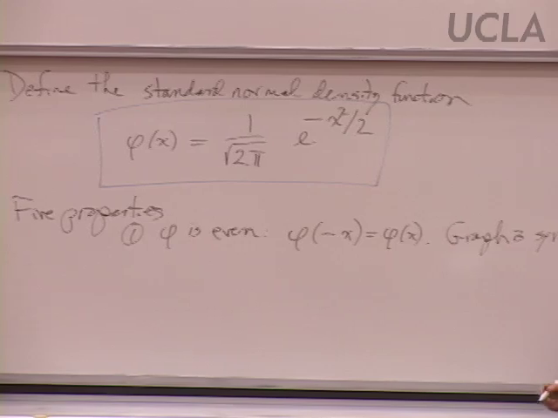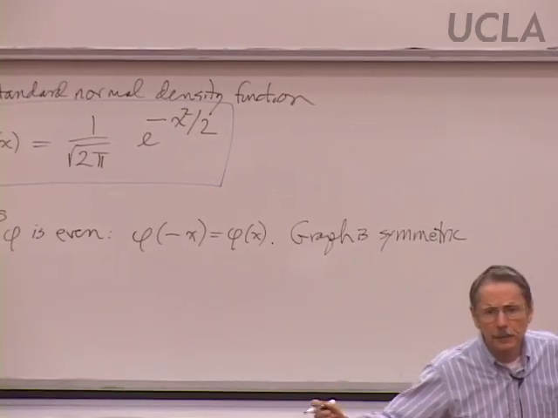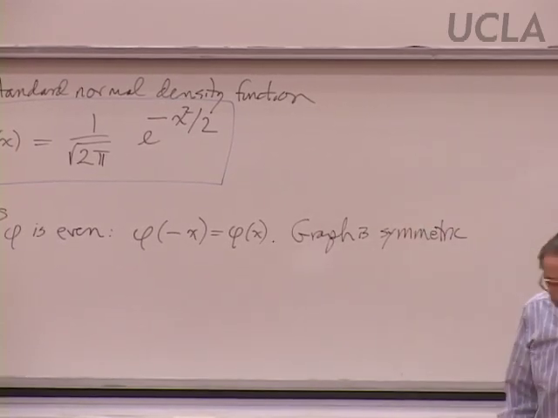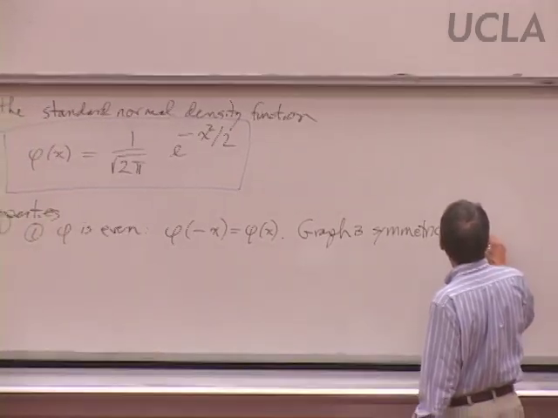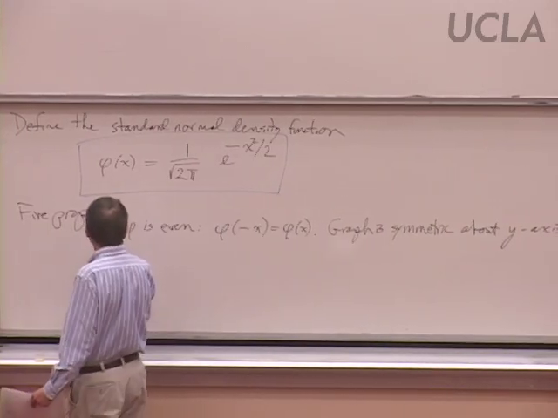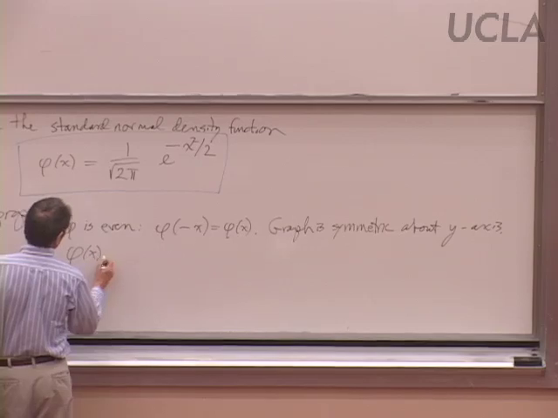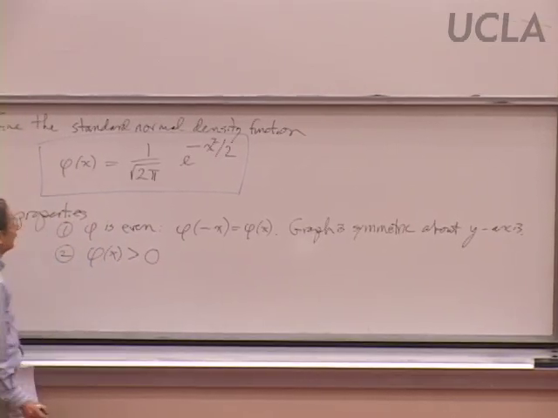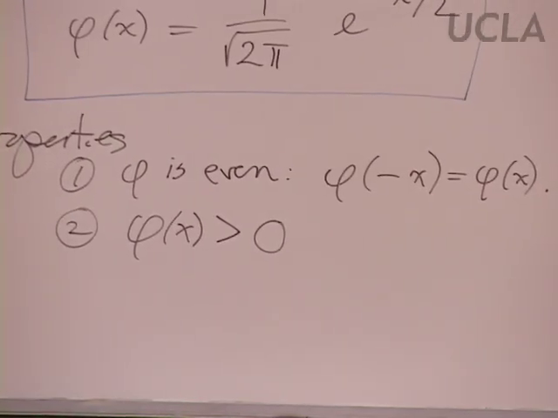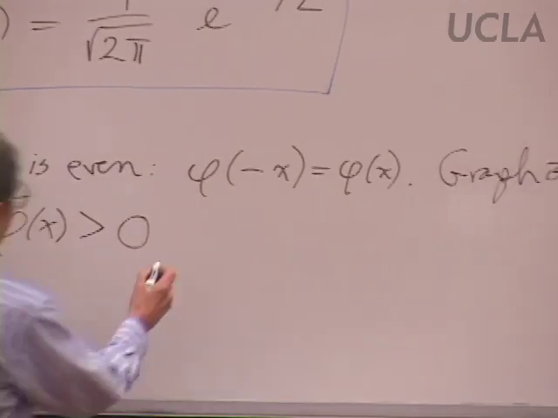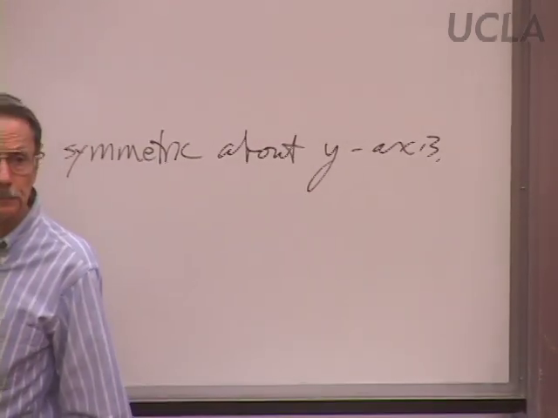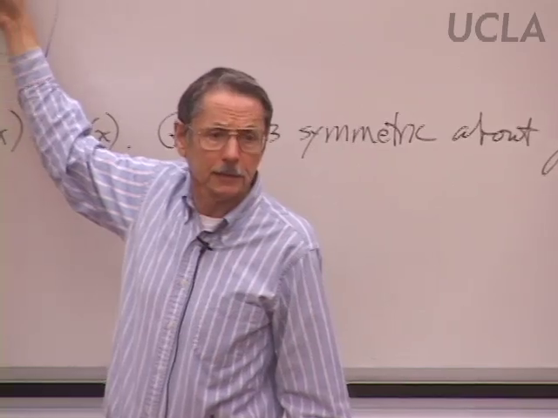Well, so let's figure out what the graph looks like using the usual Math 3A methods for graphing a function. We want to see what the graph of this looks like. Well, phi of x is always positive, strictly positive. It's never 0, because the exponential function is always strictly positive. And at plus or minus infinity, this exponent is going to minus infinity.